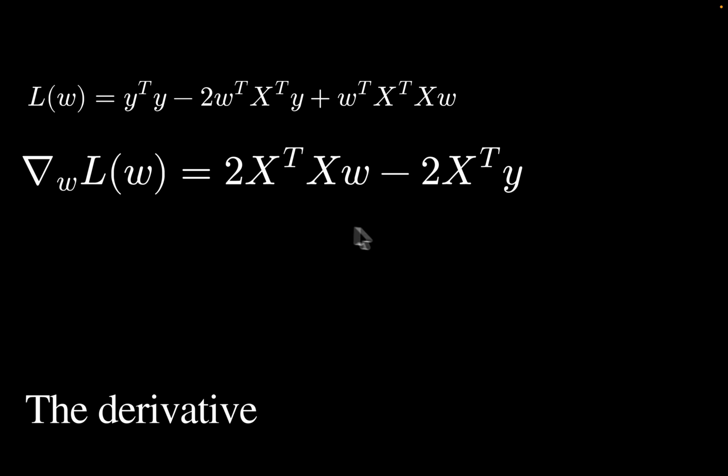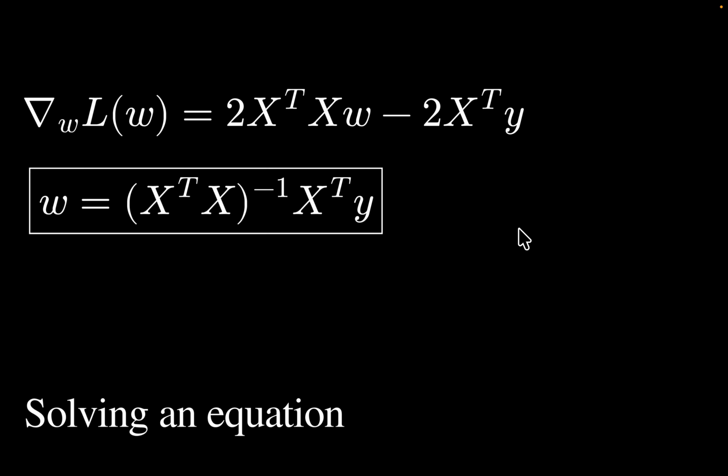So we have this thing, and now we say that it equals 0. The easiest thing we can do is just solve it: we get rid of the 2, move the term to the other side, and then say that w equals x transposed x to the power of negative 1, multiplied by x transposed and y.